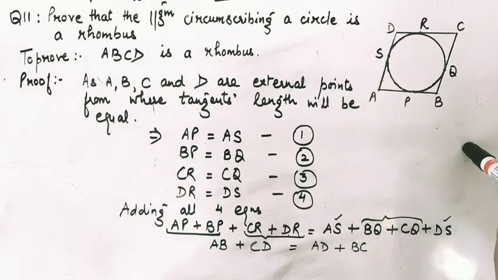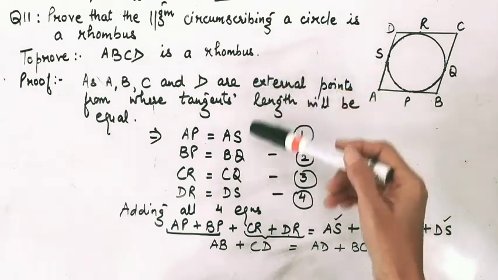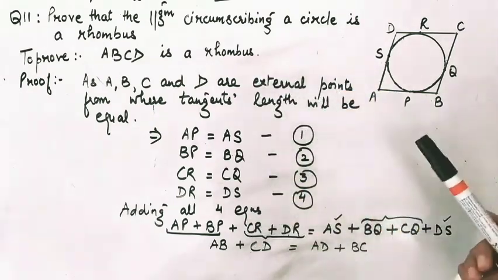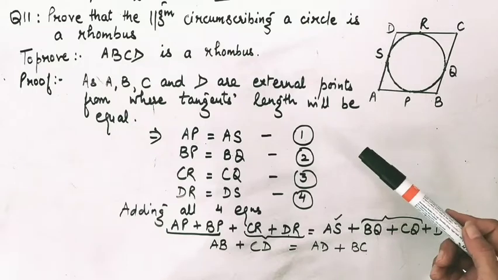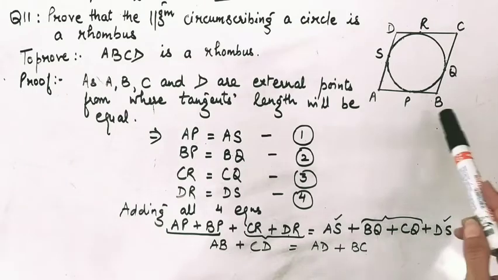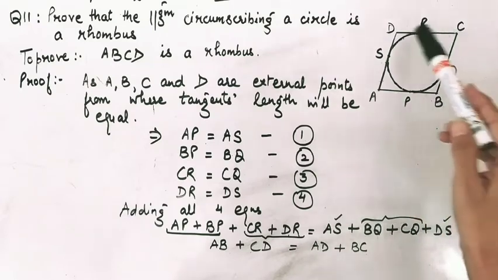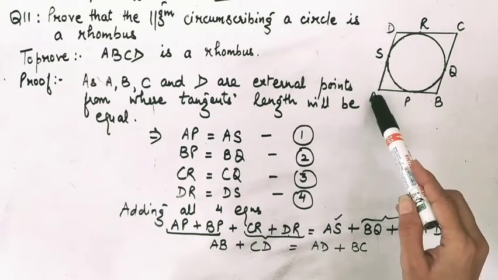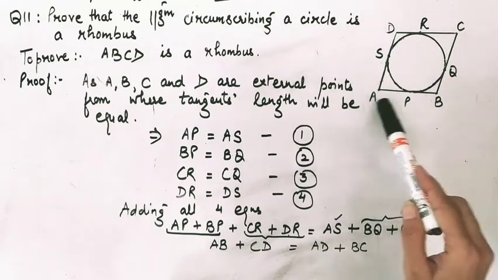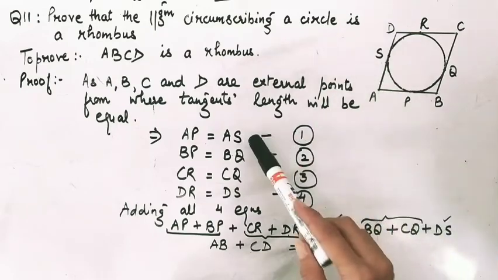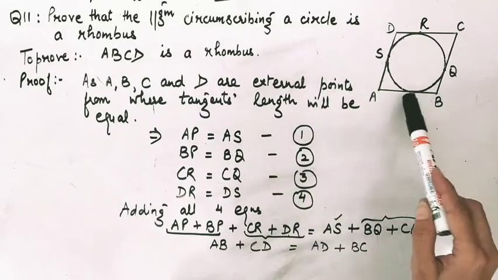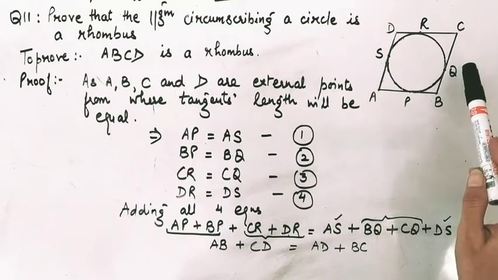Listen kids, this is going to be the same process, the steps, the working, everything is the same as we did for question 8. As you can see, A, B, C, D are external points. From A, the tangents AP, AS would be of equal length. From B, BP, BQ is equal.